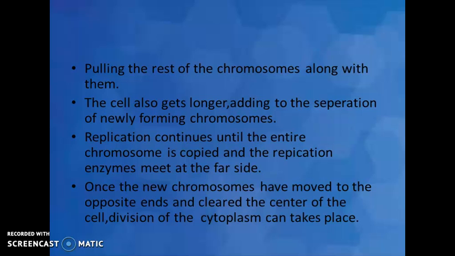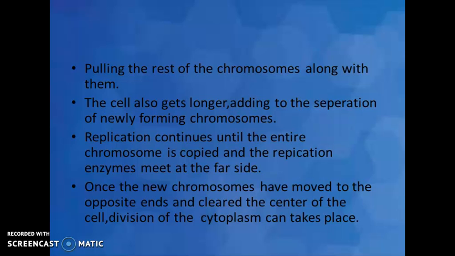After the completion of the copying, the replication stops, once the new chromosomes have moved to the opposite ends and cleared the center of the cell. So as a result of the replication, the origins along with the newly formed chromosomes have completely moved towards the opposite ends and have cleared the center of the cell. So what happens next?